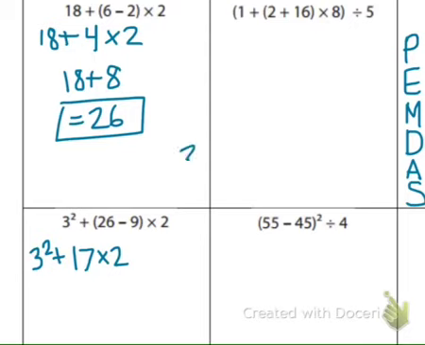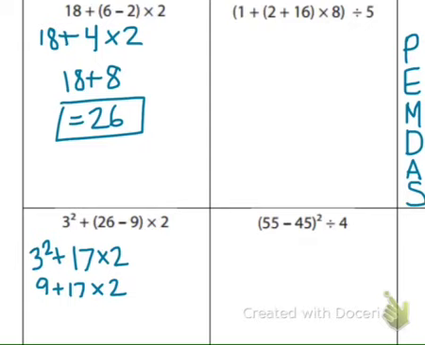Now 3 squared is the same thing as 3 times 3. Because the 3 tells you what we're multiplying, and the power of 2 tells us how many times we're multiplying it. So it's 3 times 3, which is 9. 3 squared is 9, plus 17 times 2.